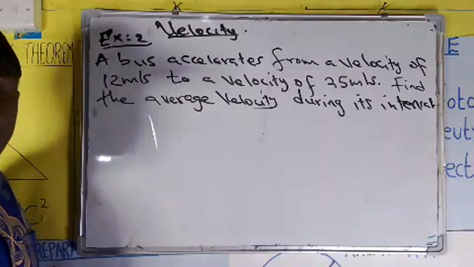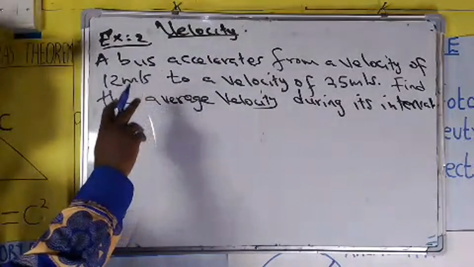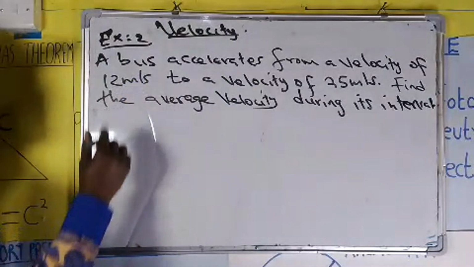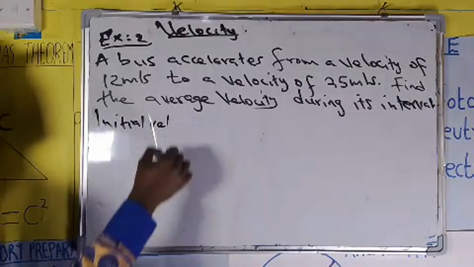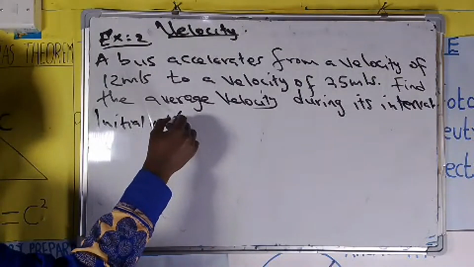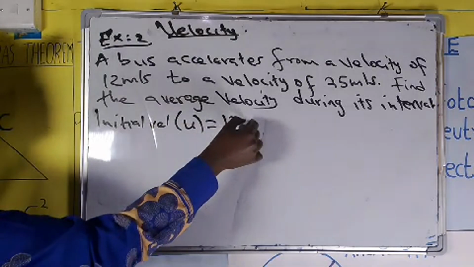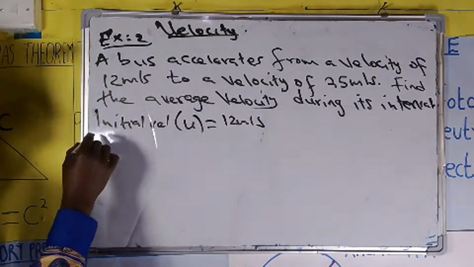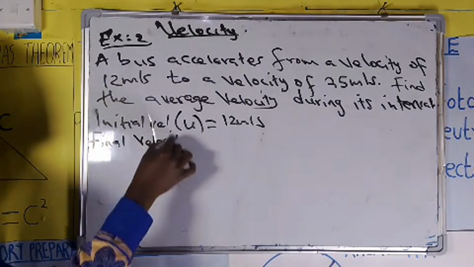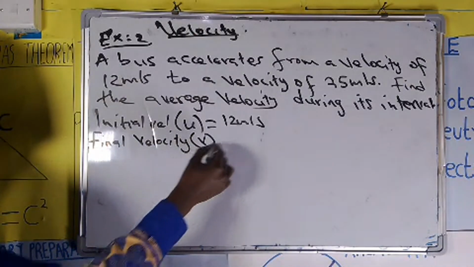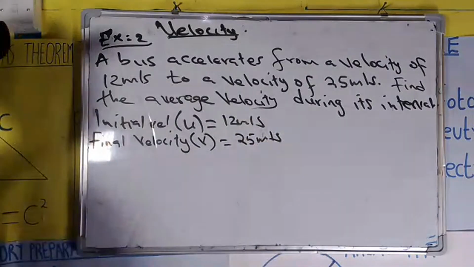So in this question, we are told a bus accelerated from a velocity of 12 meters per second. So that is the initial velocity, which we called u, which is 12 meters per second. Then we have the final velocity, which is v, it is 25 meters per second.